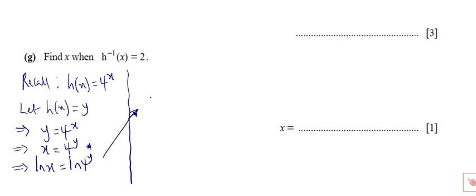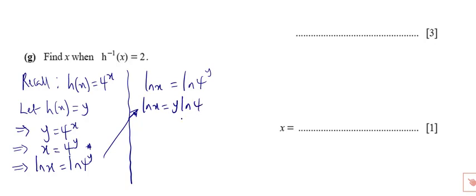So from there we have ln x equals, now this y here, from ln 4 to the power of y, this y will come down and multiply the whole of this. So we have ln x equals y ln 4.